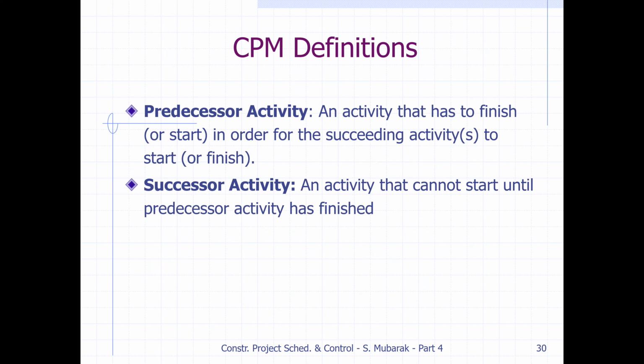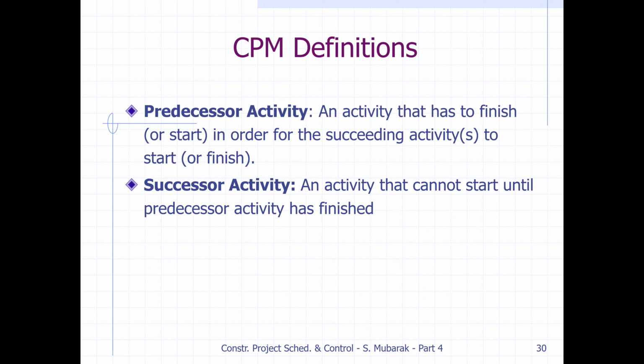A successor activity is an activity that cannot start until a predecessor activity has finished. Sometimes we call them previous activity and next activity, and sometimes we call them predecessor and successor. Previous activity, next activity, or predecessor activity, successor activity.